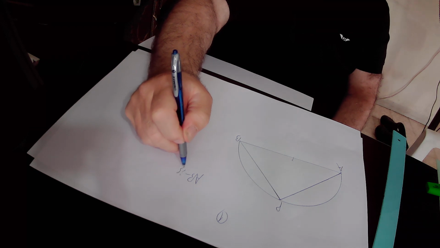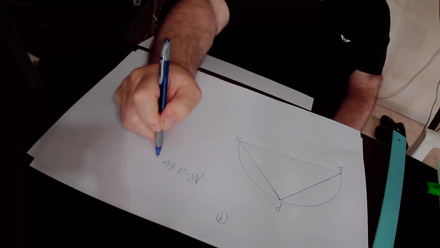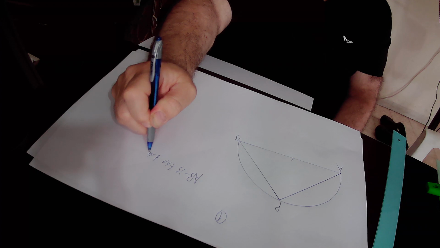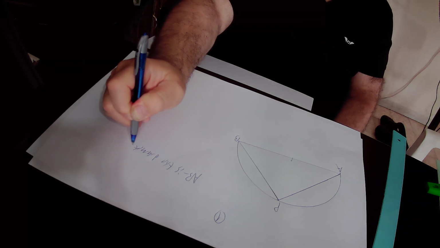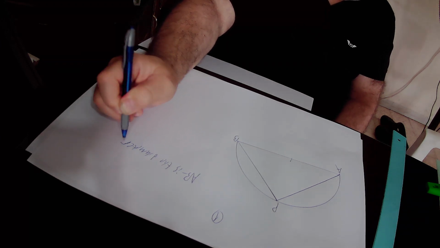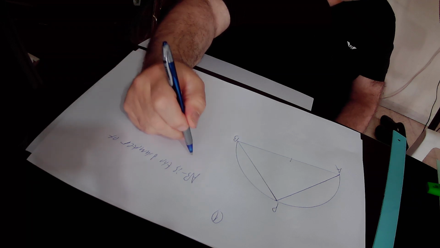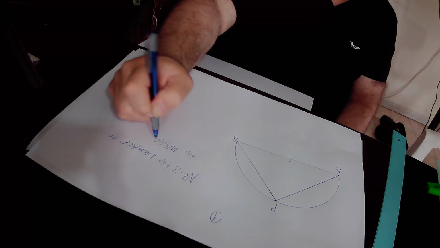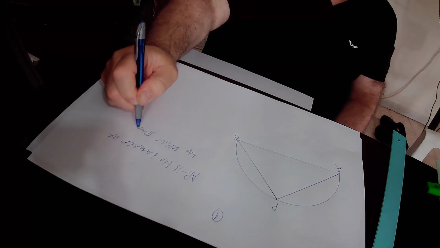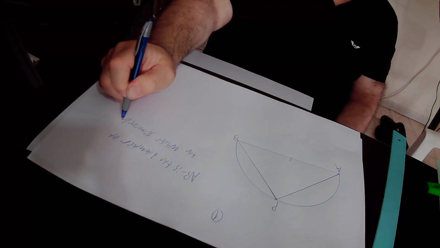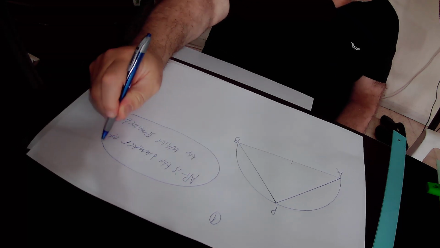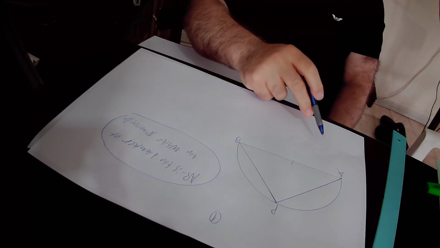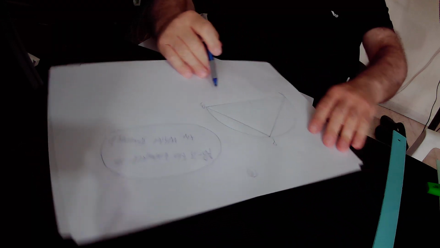AB is the diameter of this white semicircle, and we have here peripheral angle APB.